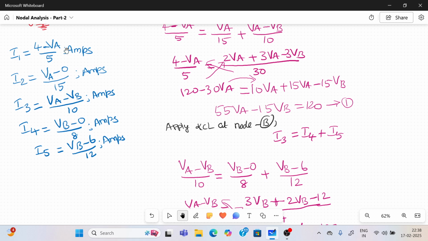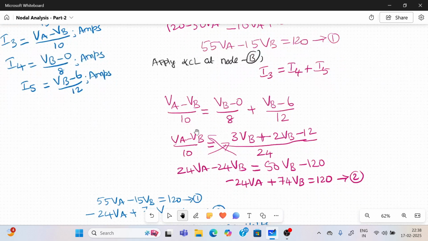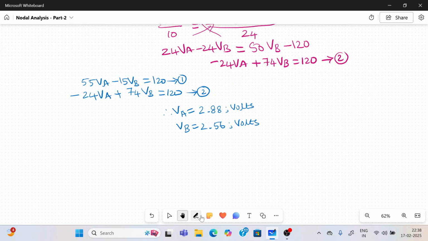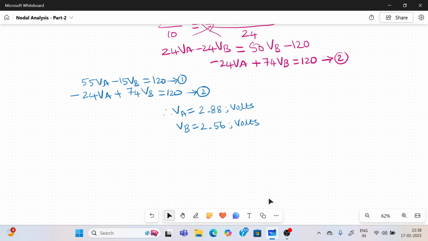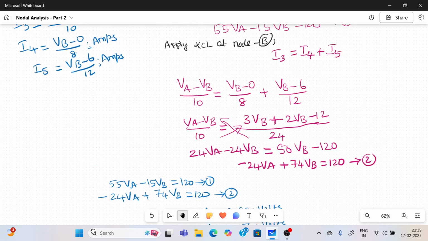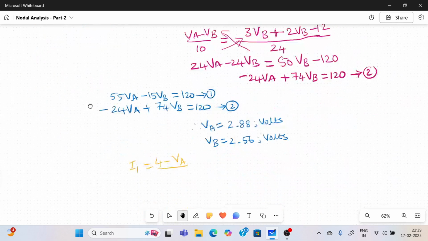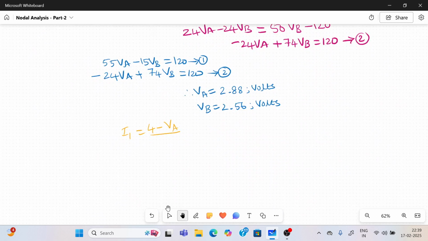What about your I1? I1 is (4 minus VA) by 5.